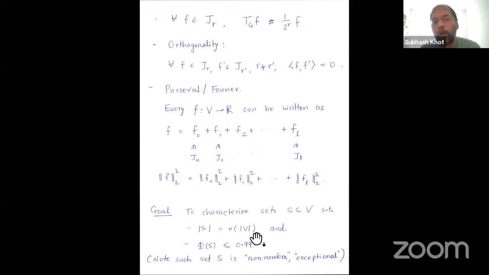So sets of really small size, and nevertheless, whose expansion is strictly bounded away from 1. Now, if you recall what I said just a minute before, if you have a regular graph and you take a random set of very, very small density, then we expect that with high probability its expansion is extremely close to 1.